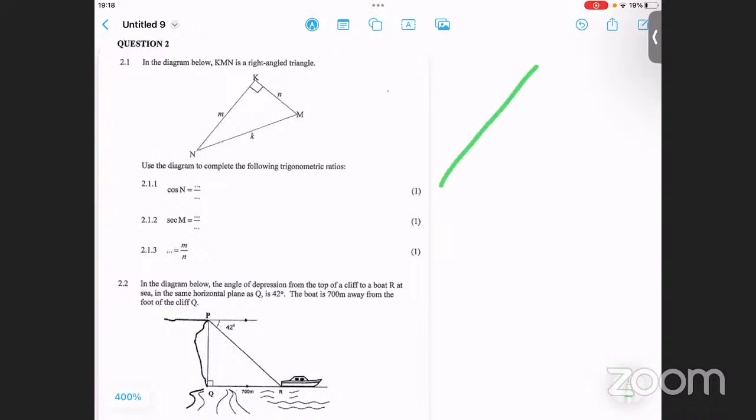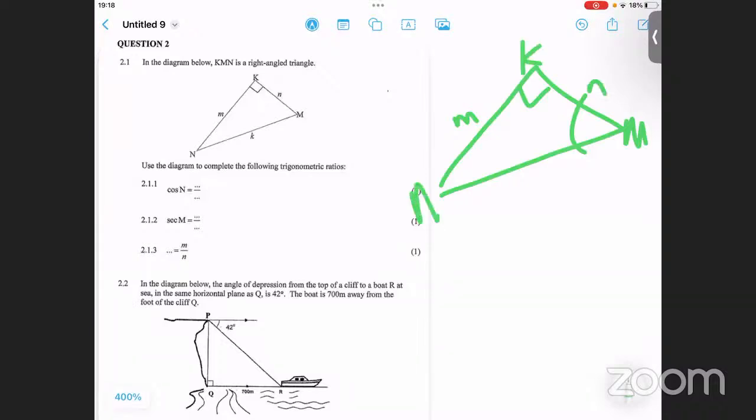Okay, let's see on that one. So if it's tan of M, that means the angle is there. Remember, on this side we've got small m, small n, and that is big K, big N. So if we have tan of M, it has to be opposite.